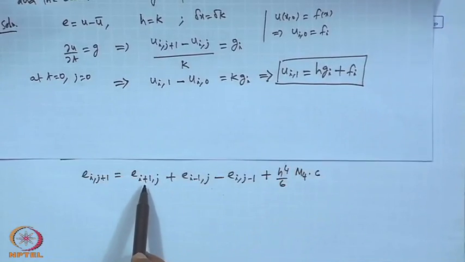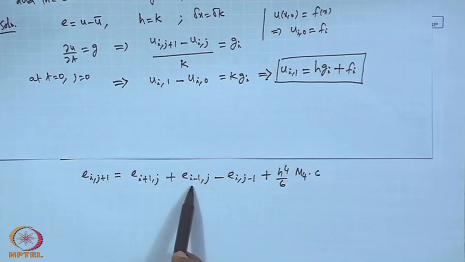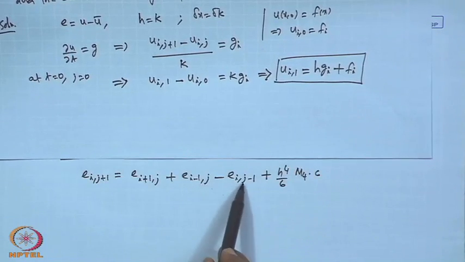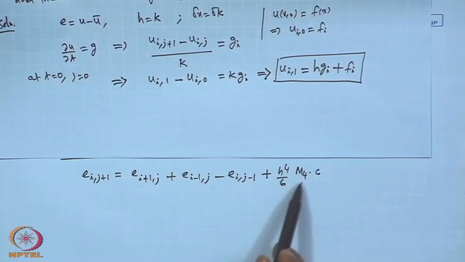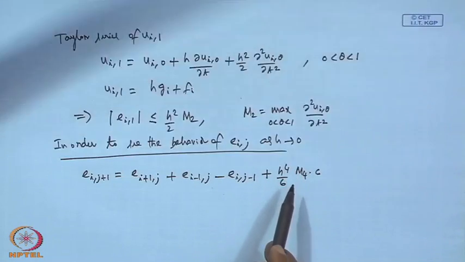So, that is what I have written: E I plus 1 j, E I minus 1 j minus E I j minus 1, and this is the error term.